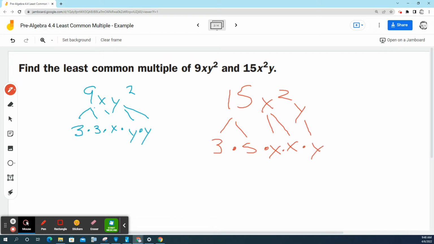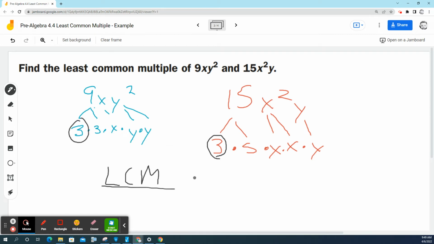So then the question, this is going to be the hard part for you guys, is figuring out how many times you write something down. Well, whatever they have in common, we just write down once. So if I want to find the lowest common denominator, I just write everything down once. I don't write it down twice. Okay? So then I'm going to have, this is a 3 and this is a 3, right?